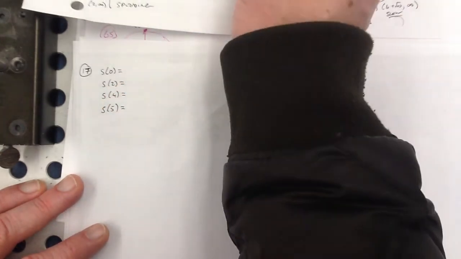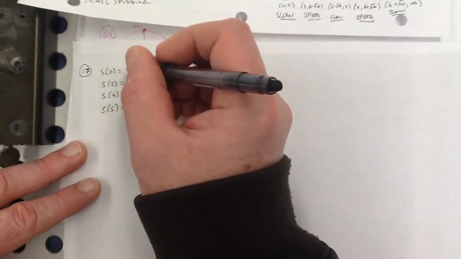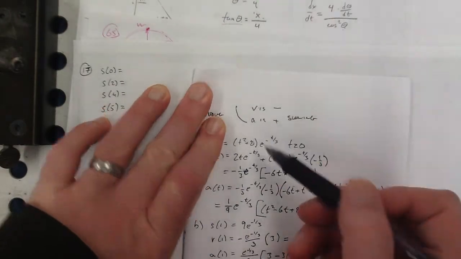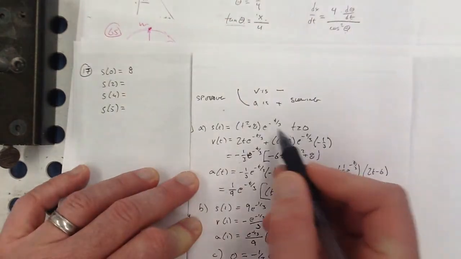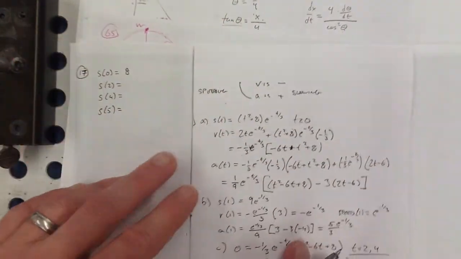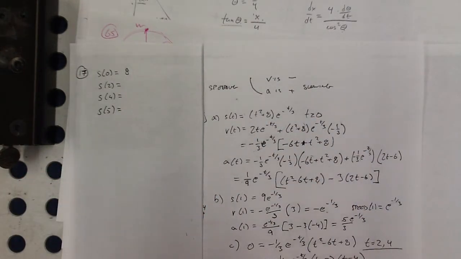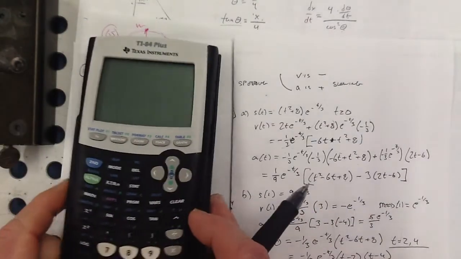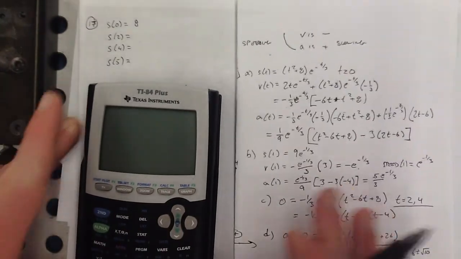And I can plug those numbers into my position function, except at time 0, where I'm going to get e to the 0, which is just 1, so that's just 8. The rest of these are going to be some kind of nasty looking number because I'm going to have e to these fractional powers. So I don't really see any advantage to doing that without a calculator, and I certainly wouldn't ask you to do that on an assessment without a calculator.